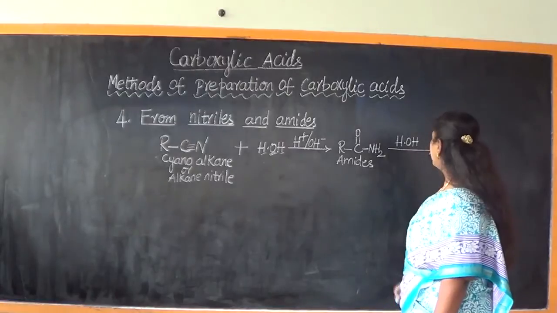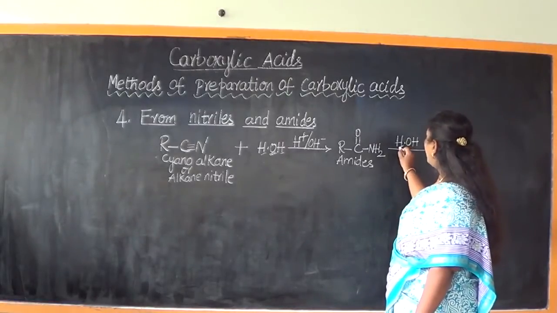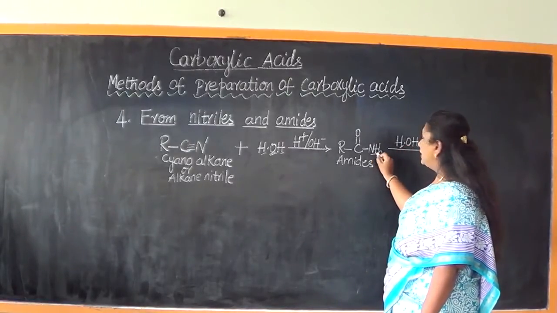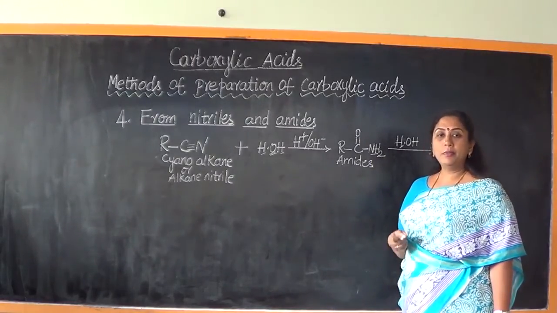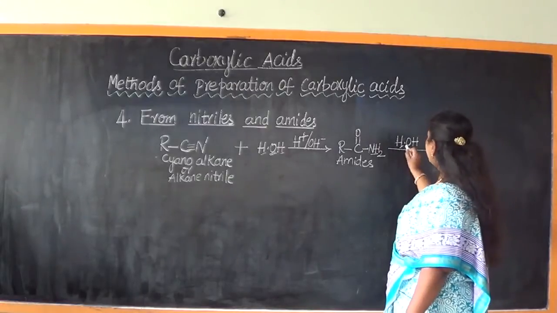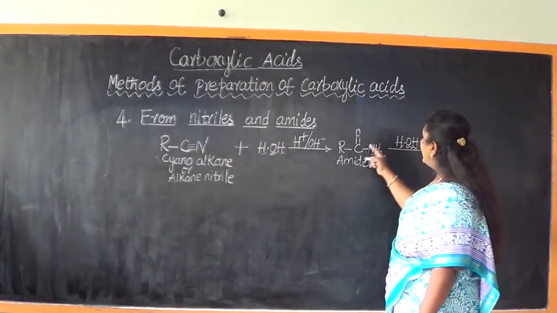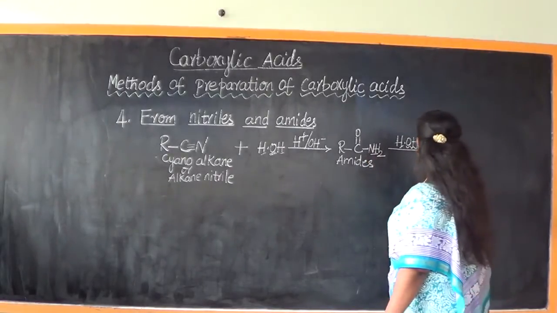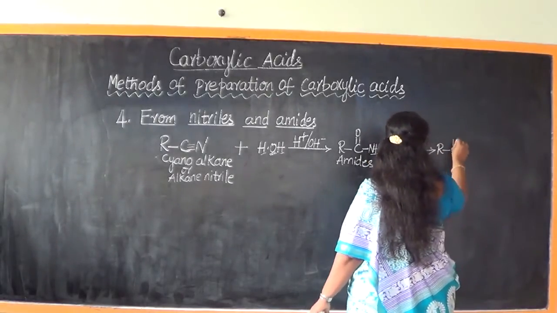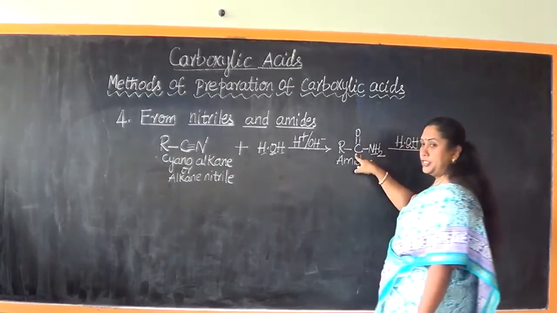Now look at the equation. This H of water will combine with NH2, resulting in the formation of NH3. That means we obtain ammonia. Then what else do we see? OH is there. OH will take the place of NH2 here and therefore we obtain R, C, double bond O. There is no change here.